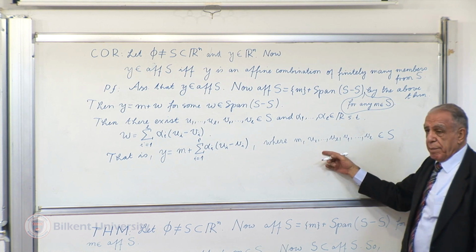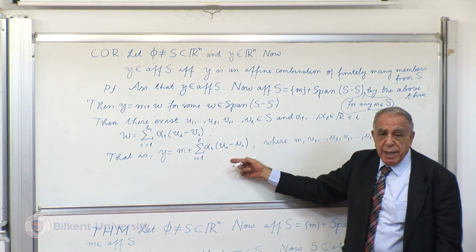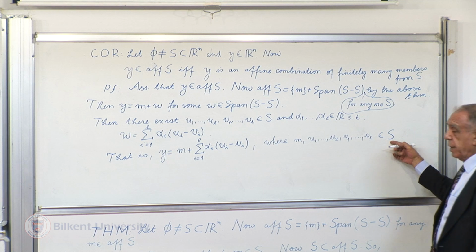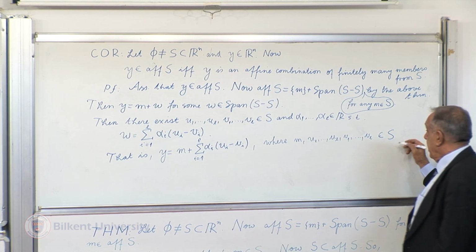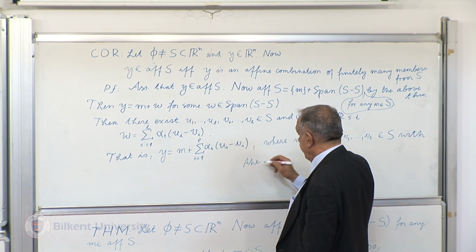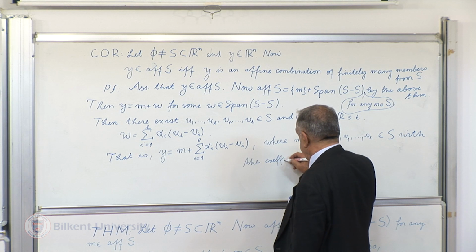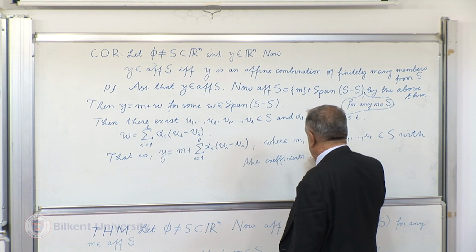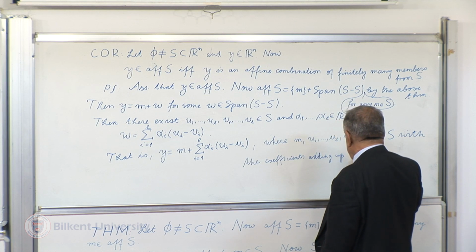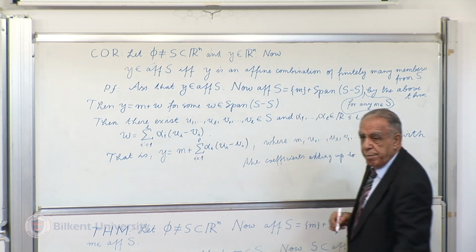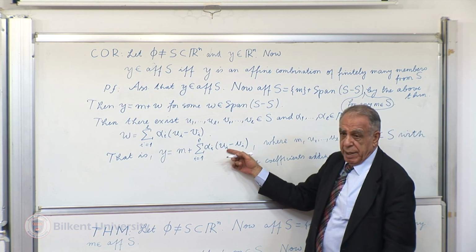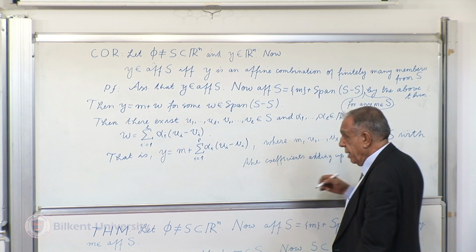There are 2l plus 1 members here. This is a linear combination of 2l plus 1 members, all of which are in S, with the coefficients adding up to, what's the coefficient of m? It's 1. What is the sum of the coefficients of the ui's?